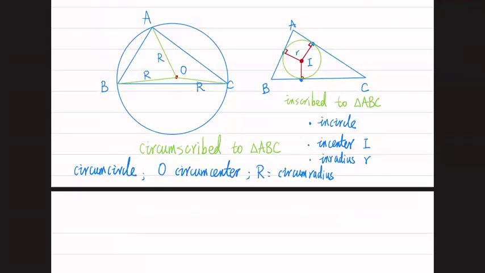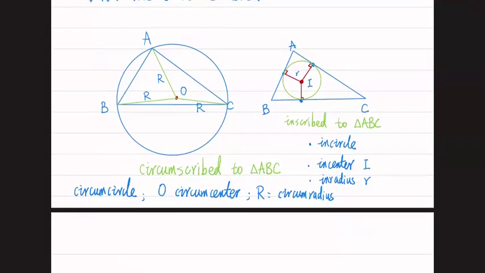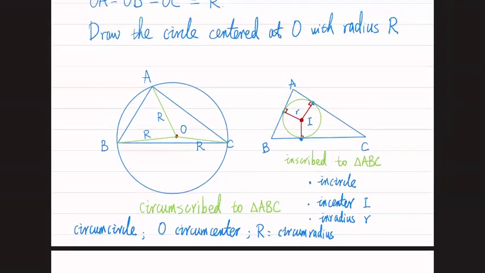Another missing piece for this one: not only do we locate the center, we also have a formula for the inradius. Who remembers the formula? How do you find the inradius?